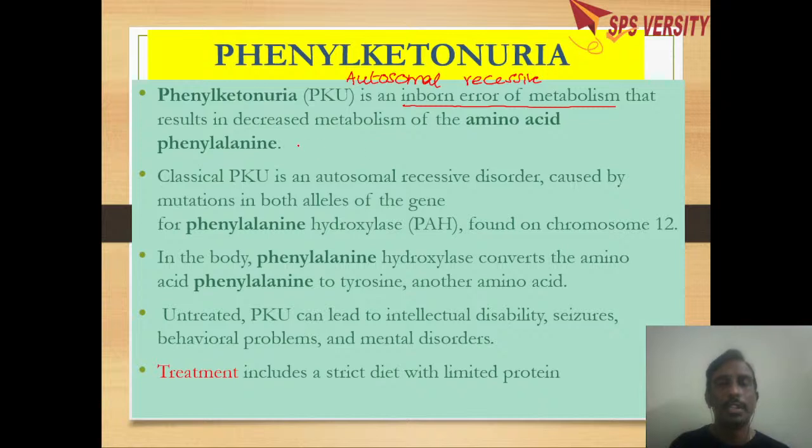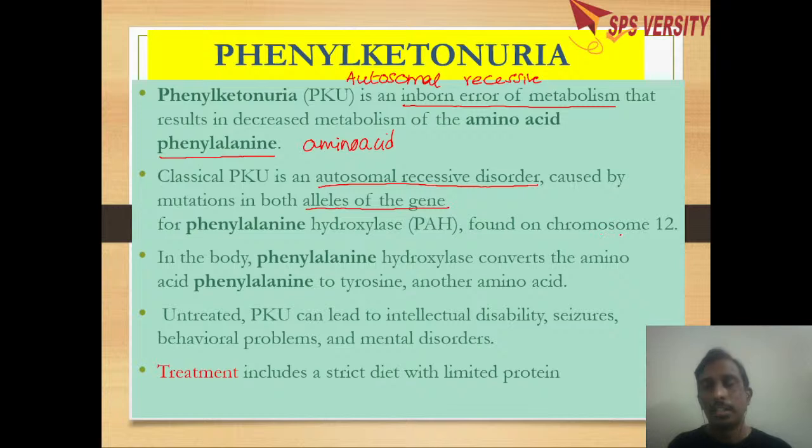Due to this, the phenylalanine metabolism is decreased. Phenylalanine is an essential amino acid which is required for our body. Classical phenylketonuria is an autosomal recessive disorder caused by mutation in both the alleles, and the genes are present on chromosome 12.